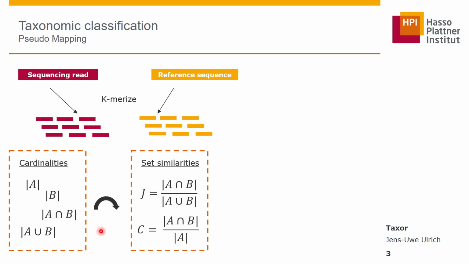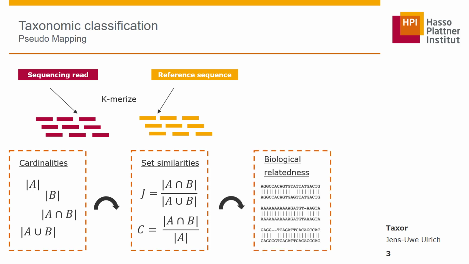In our example, we want to know the number of joint k-mers between a read and the reference sequence, and simply divide it by the number of all k-mers from the read. And from that we can infer the biological relatedness of the read and the reference.